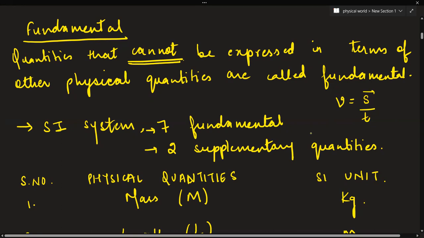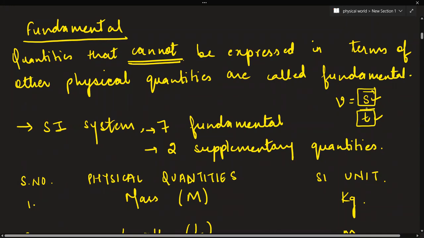Time is a fundamental quantity. You cannot define distance; distance basically means length. You cannot define time. But with the help of distance and time, I am able to define velocity. It means distance and time are my fundamental quantities.